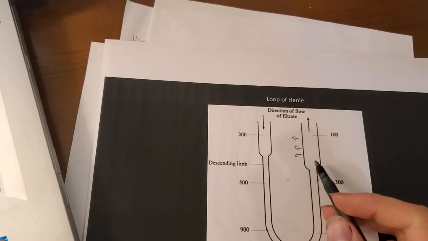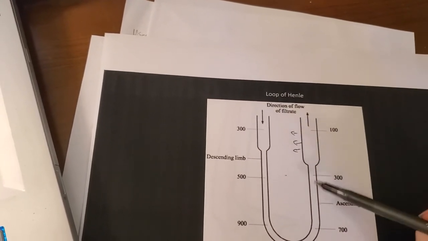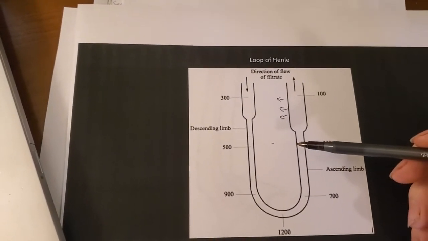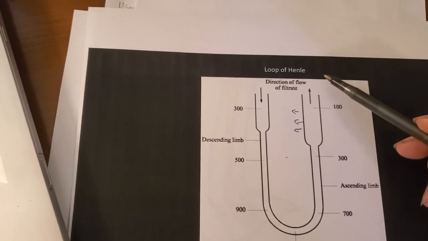Water in the filtrate can't flow through the right side of the loop, so it just goes out.